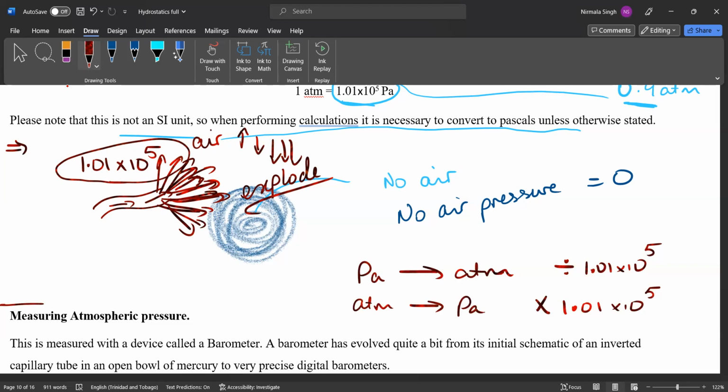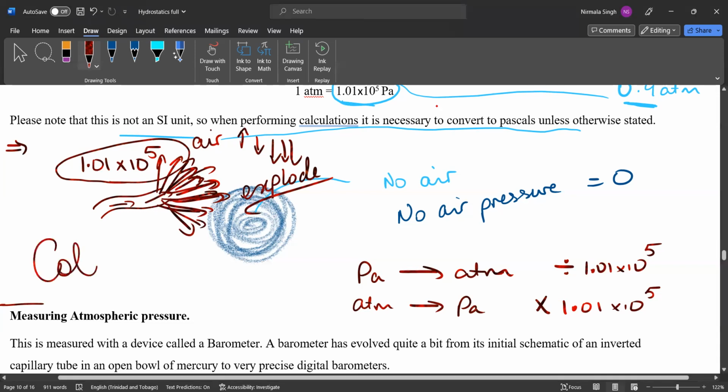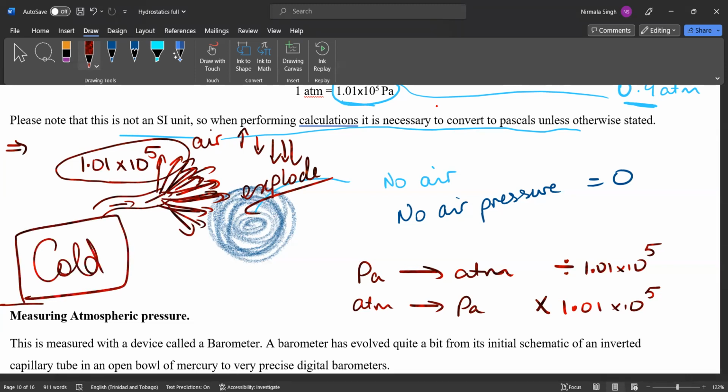Generally it explodes through your head, because your head is a big ball of bone, and bone doesn't expand, so it reaches a point where it just shatters. So this is what happens if you go without protective gear out into space. You can explode, but the problem is space is very, very cold, and it is likely you will freeze before you explode.